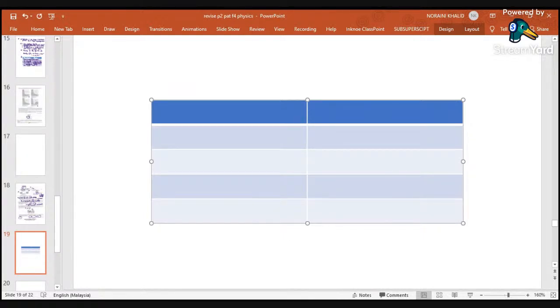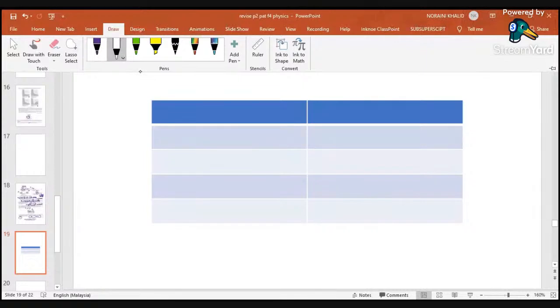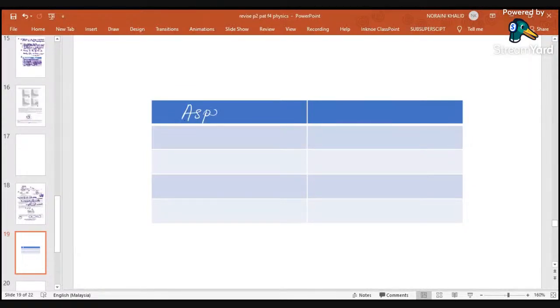This time we put aspect, which is given just now, and then modification suggestion and explanation.